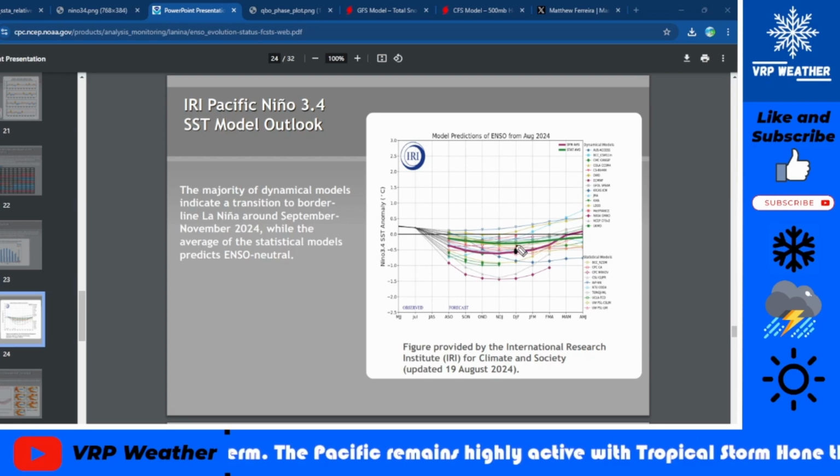Then we have our statistical average, which is around negative 0.4 or 0.3 Celsius. The statistical average shows a weak La Nina, or weak ENSO neutral, and then our dynamical average shows a weak to moderate La Nina. So this is very interesting. If we take it in the middle, we'd get right around negative 0.5 Celsius, which is a weak La Nina.